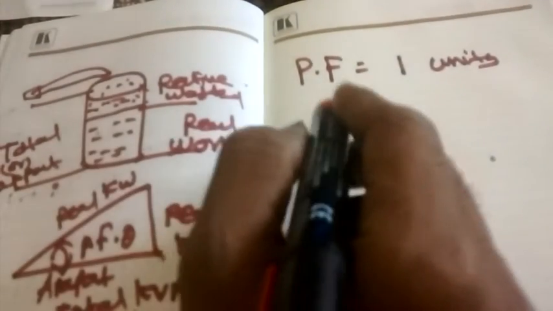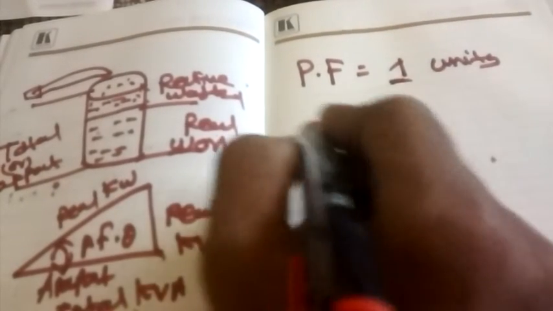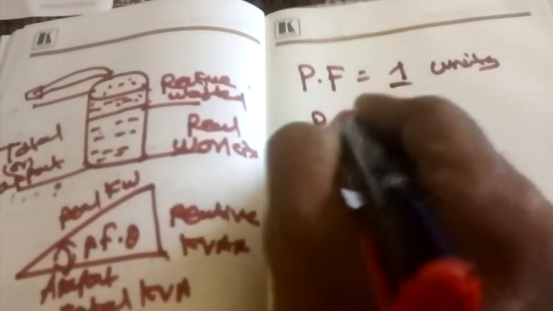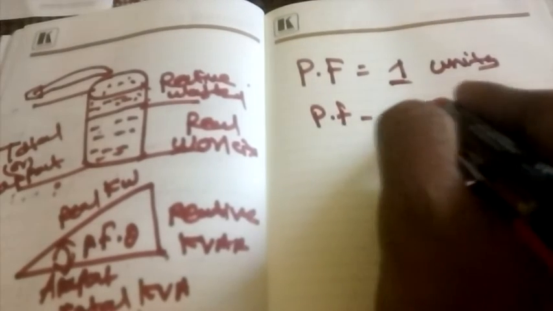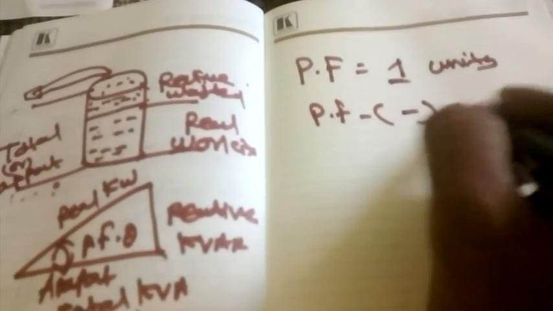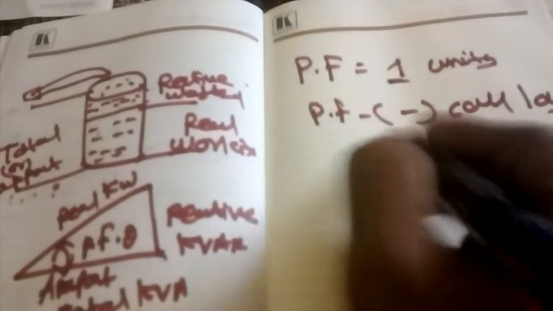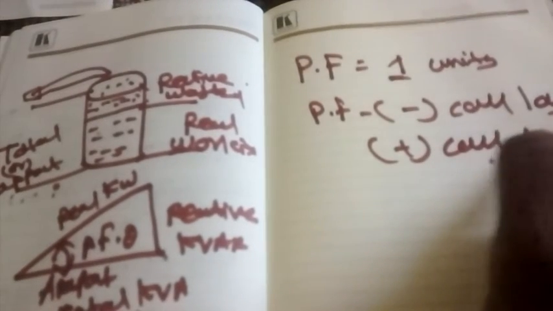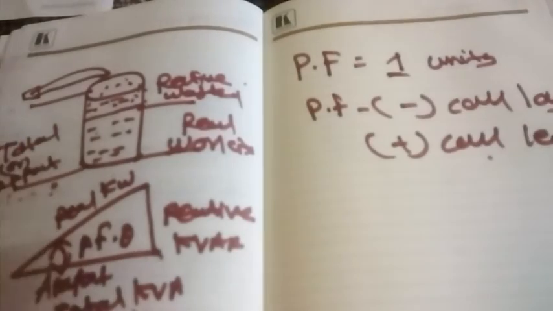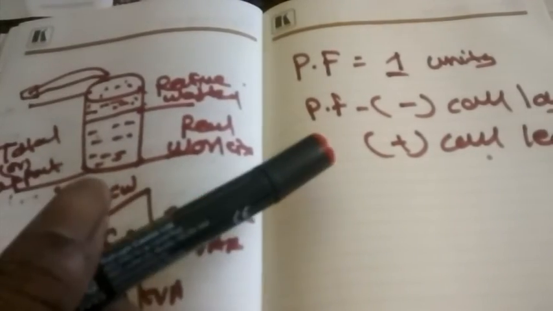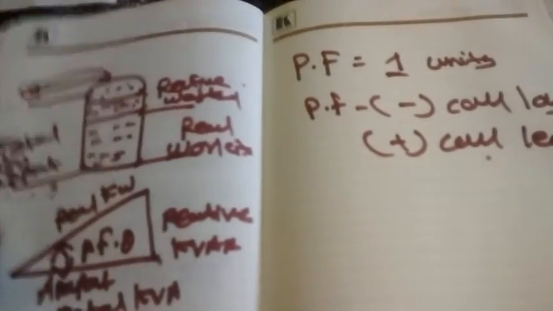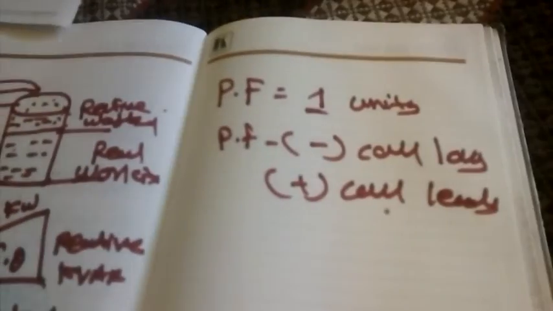How do we maintain the unity? Just see, a power factor going to minus is called lagging power factor, going to plus is called leading power factor. How do we maintain power factor at unity?